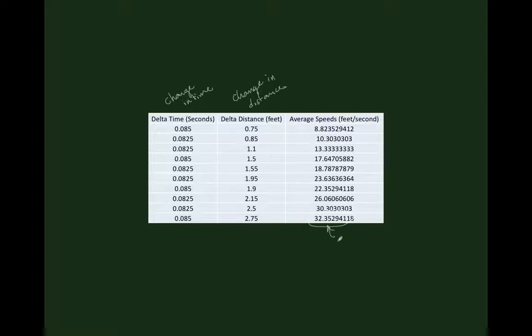This is essentially the average speed of the ball over the interval between when it hit the ground and basically 8 or 9 hundredths of a second before it hit the ground. So this should be really close to the speed of the ball when it hit the ground.